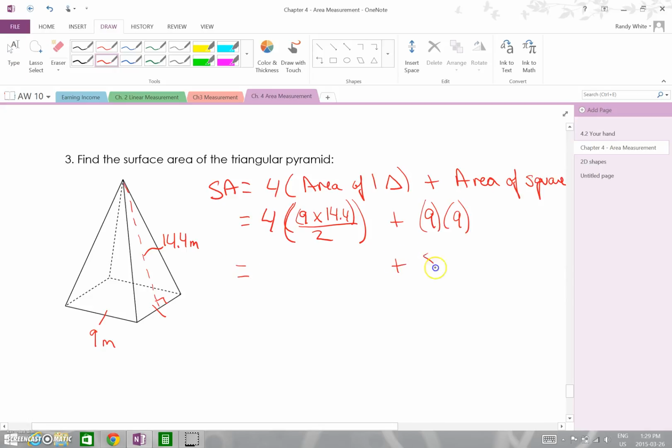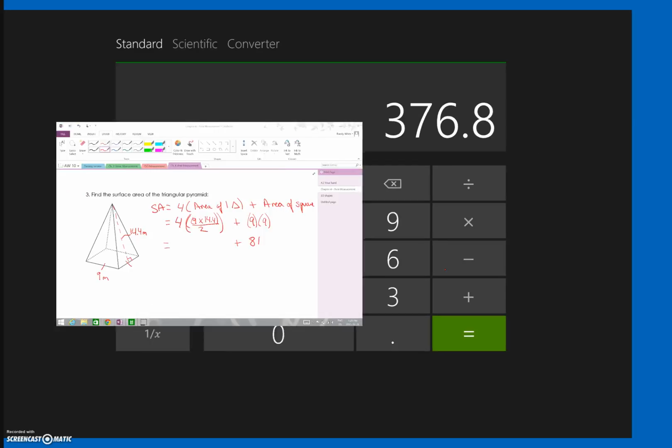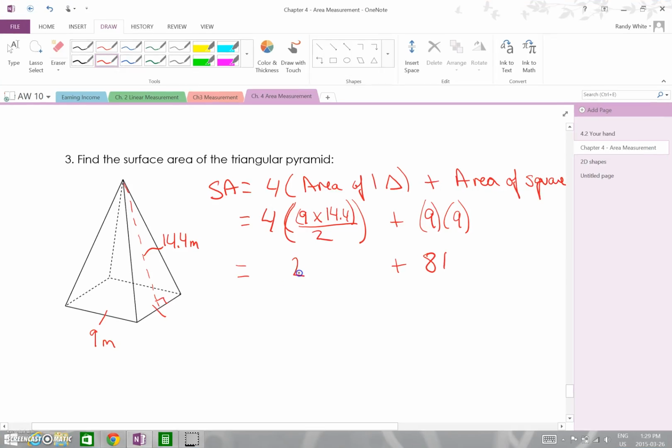So 9 times 9, we know is 81. So 9 times 14.4 is 129.6. Divide that by 2, and then multiply that by 4.